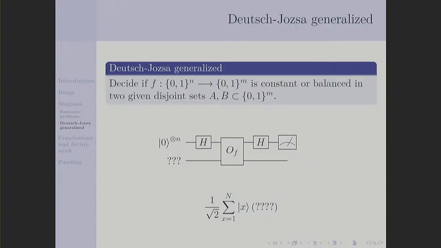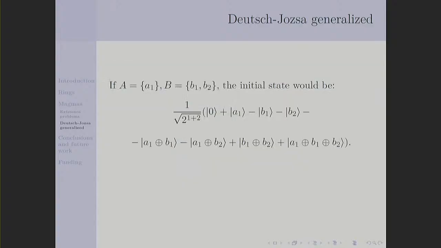So I need a state that when you sum an element of A, it remains the same. And when you sum an element of B, it changes sign, or vice versa, doesn't matter. The solution is understood with this basic example. Here, A only has one element and B has two. And the point is to construct this state that features the elements of A positive, the elements of B negative, or the other way around, doesn't matter, and every possible sum with a sign.